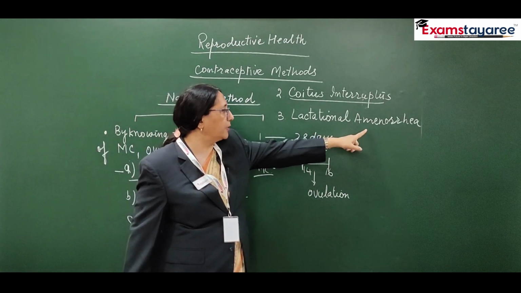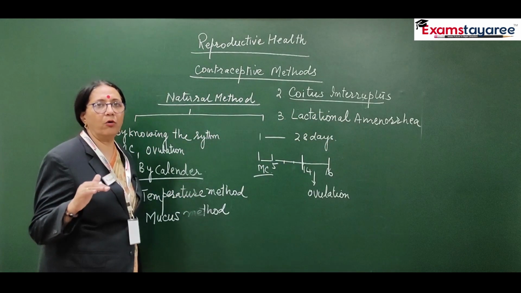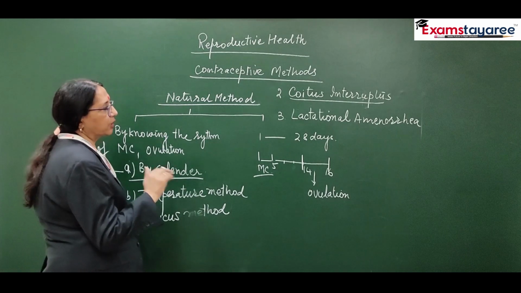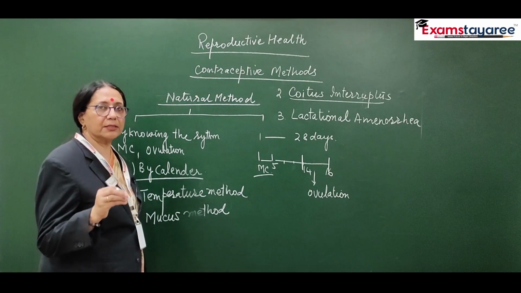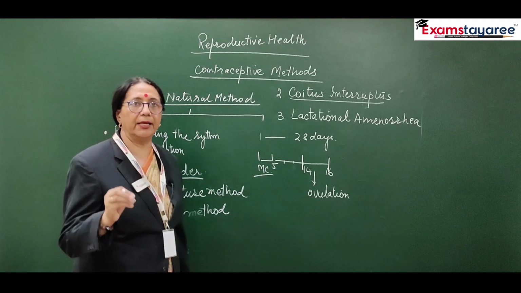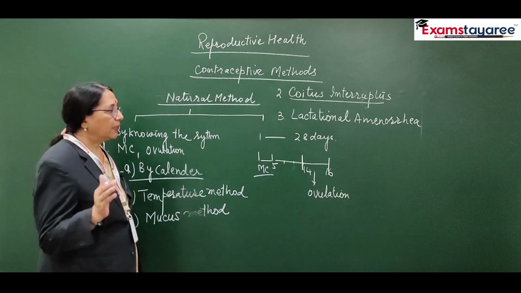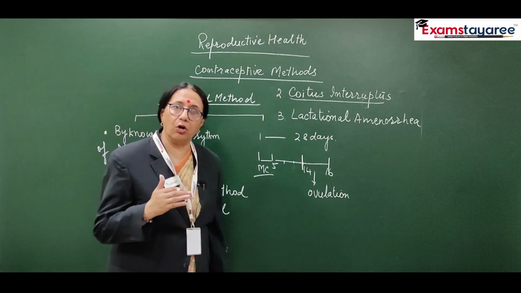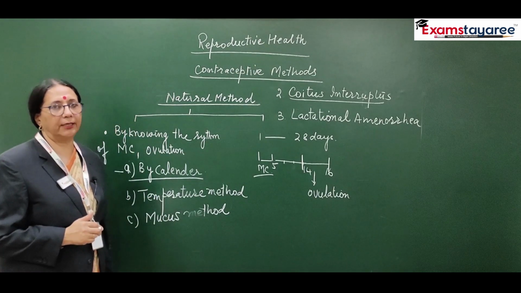So, menstruation will not take place. Amenorrhea means no menstruation. It is said that when the mother is feeding her child intensively, especially during the first 6 months, then ovum do not get mature, thereby pregnancy does not take place.